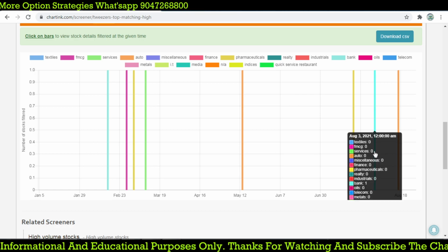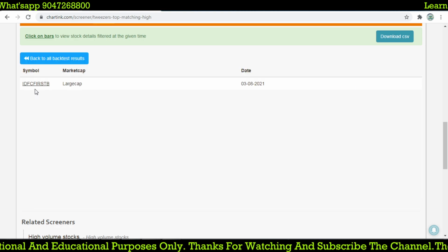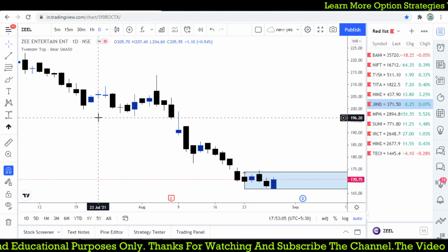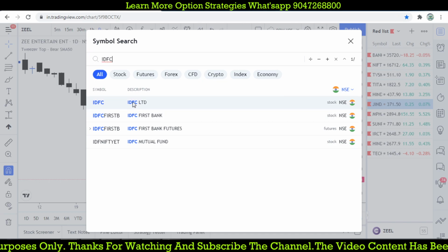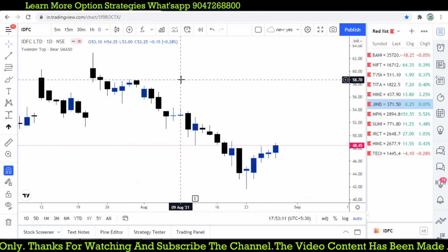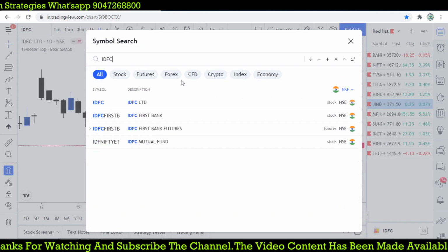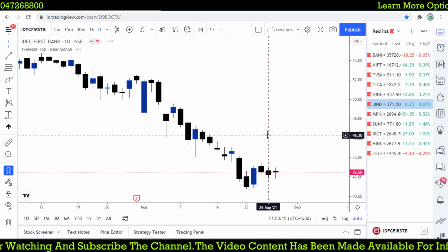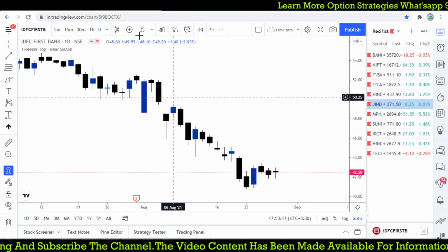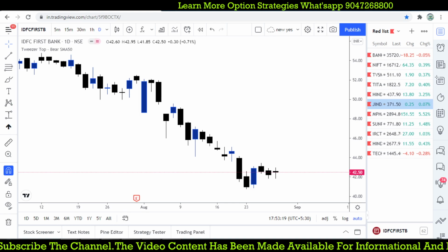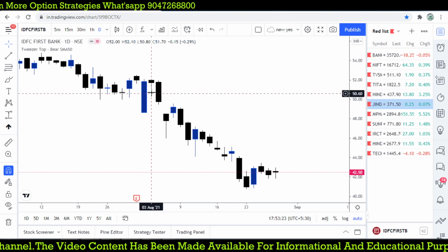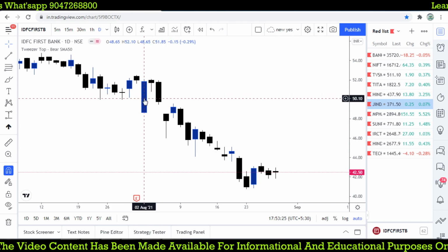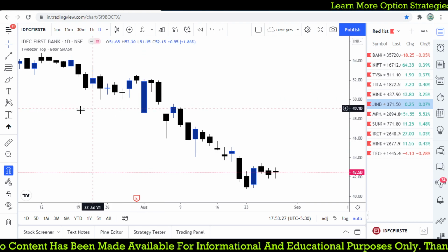On 3rd August we found IDFC First Bank. Let's go for IDFC First Bank. What happened on the stock? This is IDFC First Bank, and on exactly the 3rd August date, you can see 52.10, and the next day also 52.10.